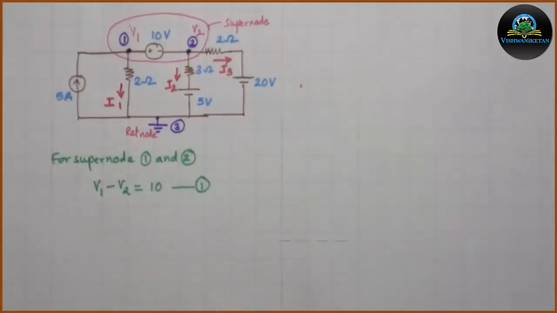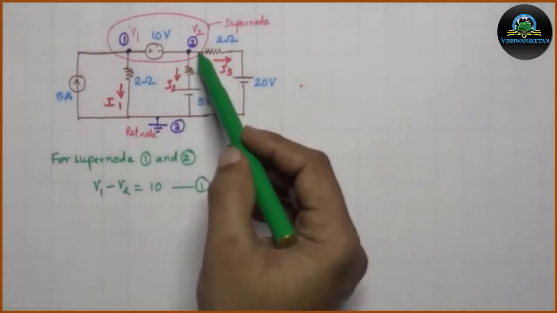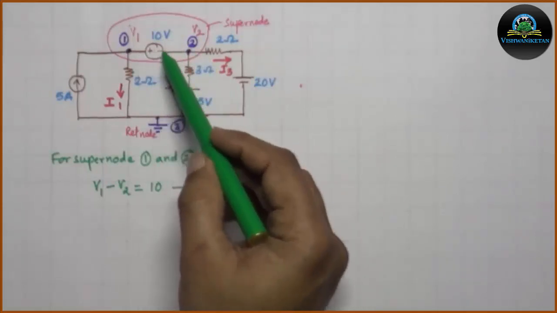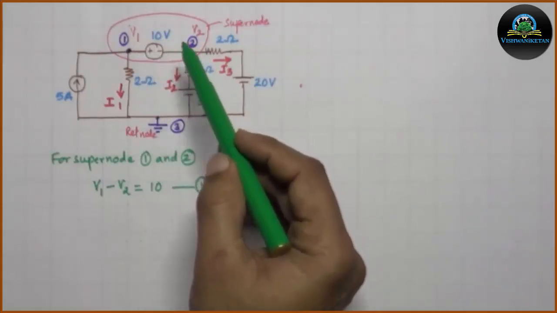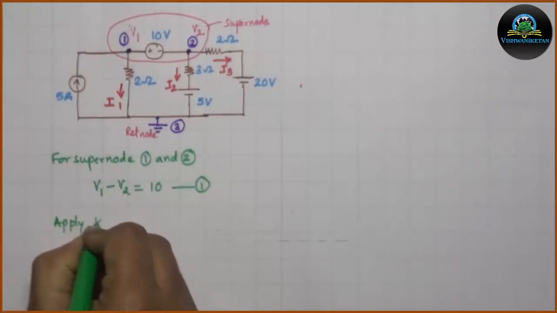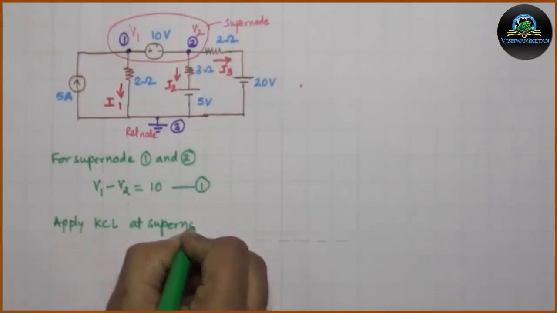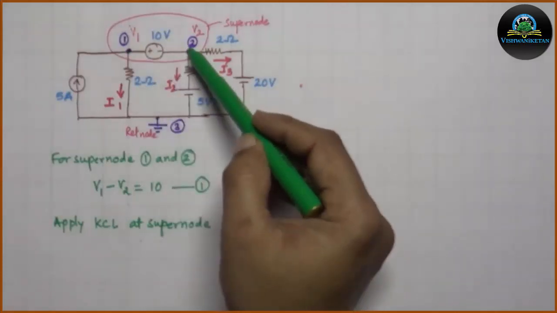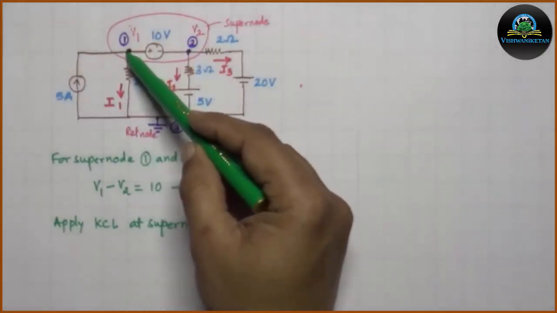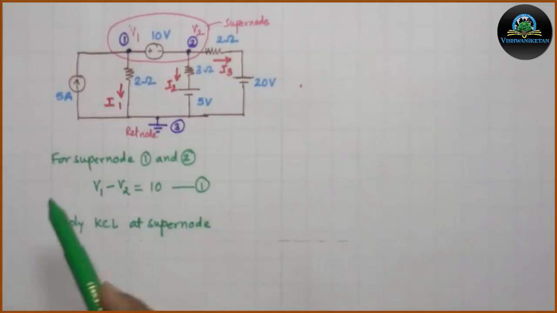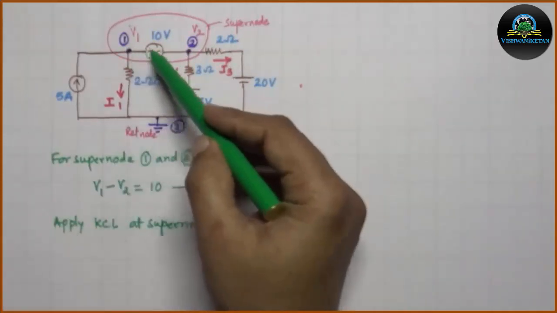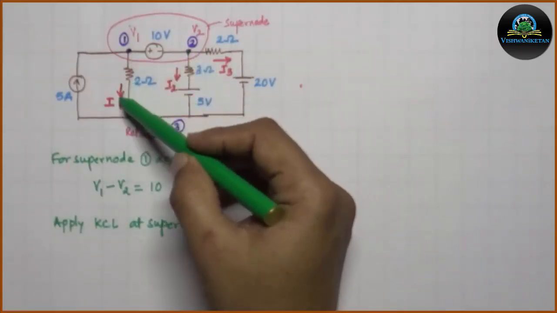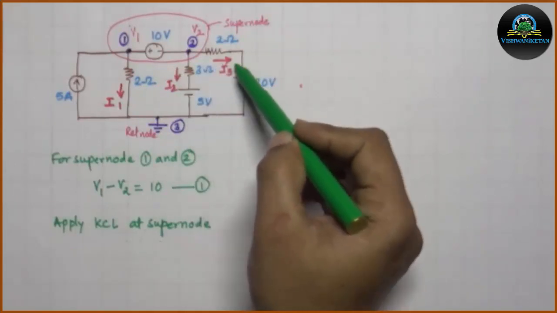The other equation will be for same supernode excluding this 10 volt branch. Apply KCL at supernode. Then our incoming current for node 1 and node 2 is 5 ampere, and outgoing currents from node 1, node 2 combined are I1, I2 and I3.